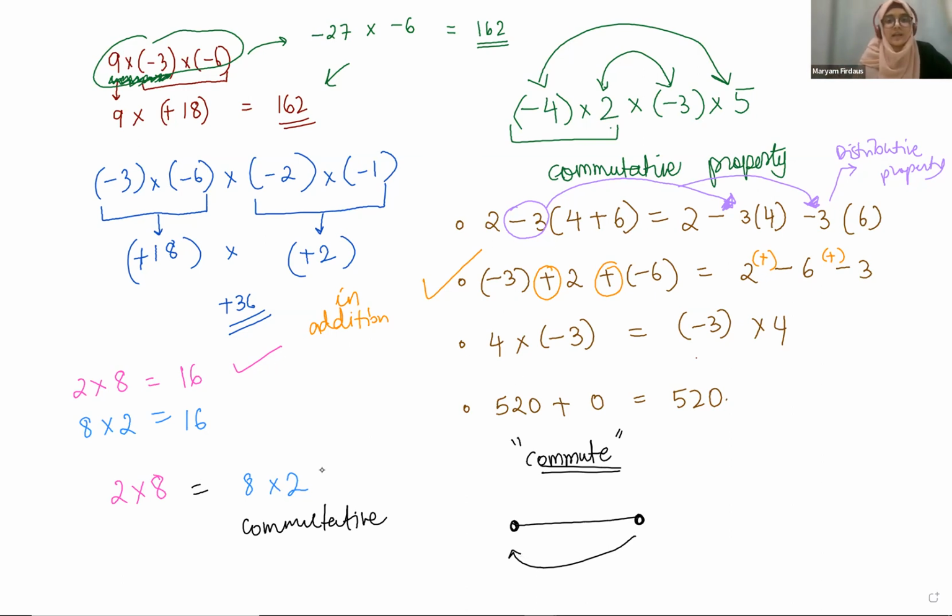You know, just like you say the distance, let's say this is your home and this is your school. Whether you say the distance from my home to my school is this, is it going to be the same as the distance from your school to your home?